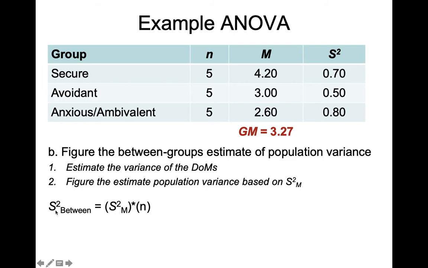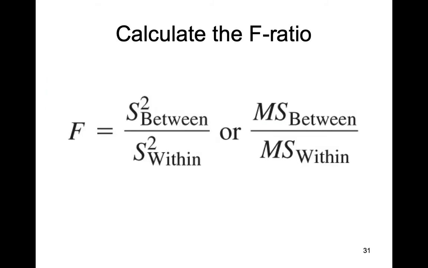So instead of dividing the estimate of the population variance by n to get the variance of the distribution of means, we're now going to multiply the variance of the distribution of means by the sample size to work backwards and get the population variance. So we're going to multiply by 5, because that is our n, our sample size, and we get an estimated population variance of 3.45.